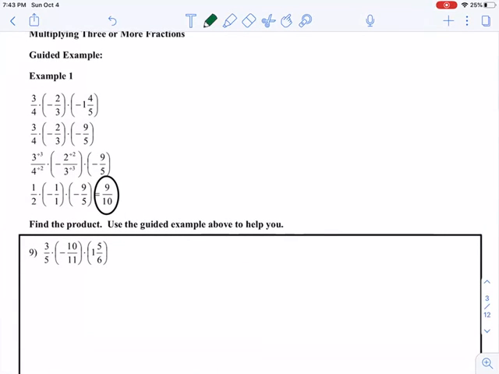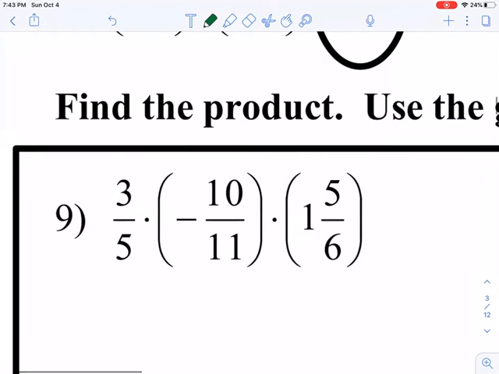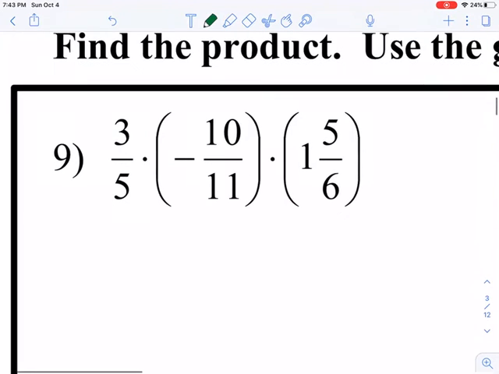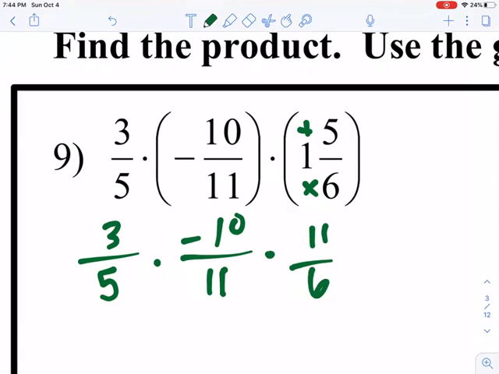On that page, we do get into multiplying 3 or more fractions. These work the same way. Now, you can move these around if you want to, because of the commutative property. I'm going to change our mixed number into an improper fraction here, so 11 over 6, and then I can see where I can cross reduce. It looks like right here 11 and 11 would cross out.